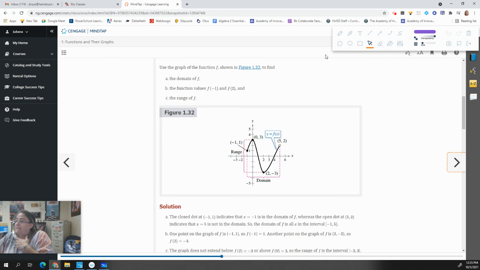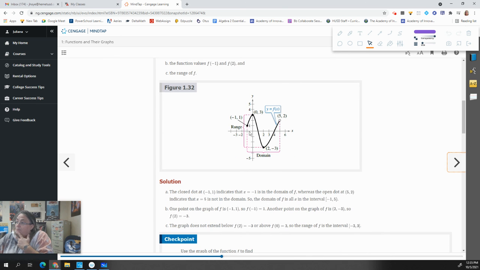And if we look at this graph right here, our domain runs from -1 all the way to 5, right? If I was going to write it in terms of an interval, it would include -1 and it wouldn't include 5, right?